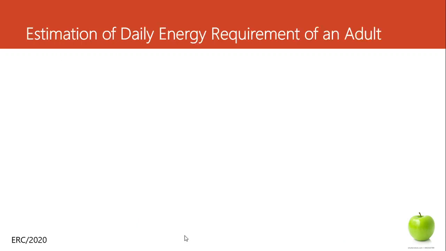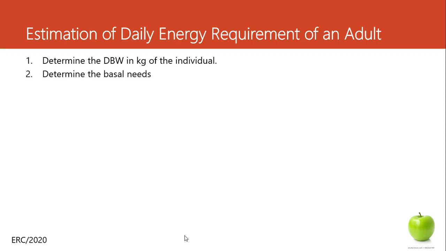Okay, let's discuss the estimation of the daily energy requirement of an adult. Number one, you have to determine the desired body weight in kilograms of the individual. Then determine the basal metabolic needs. For the male, the simple method is 1 kilocal per kilogram of desired body weight per hour multiplied by 24.